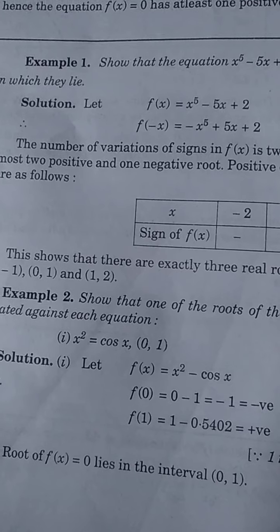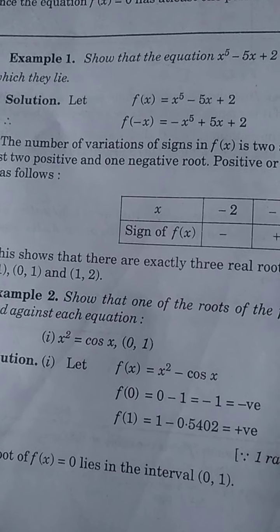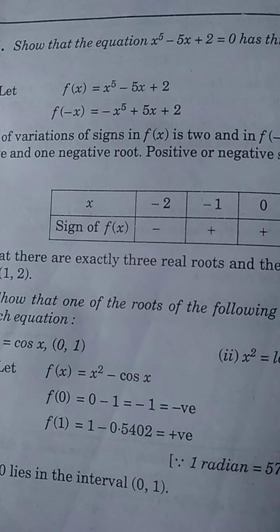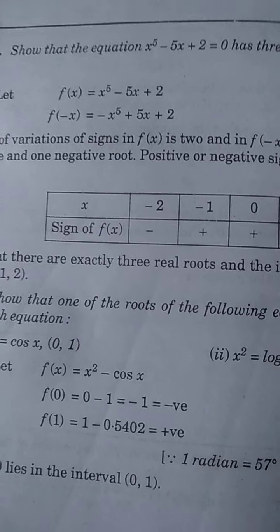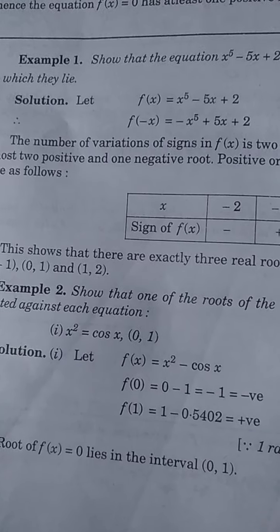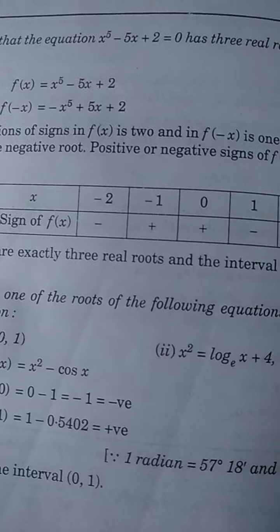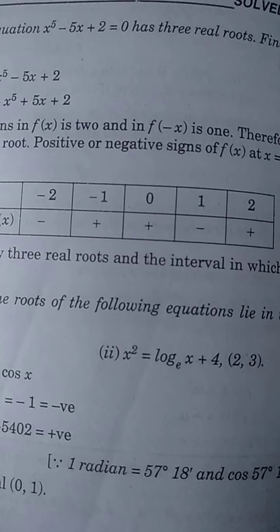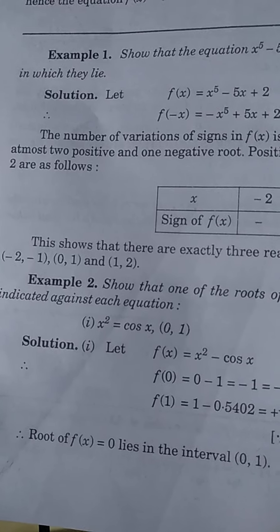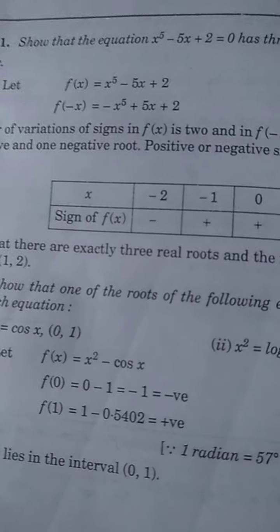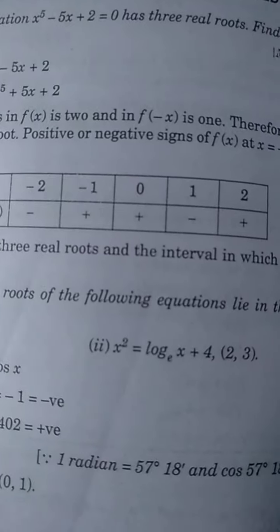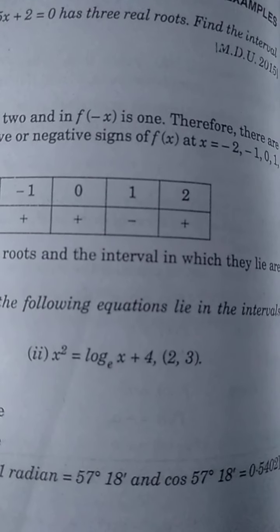When we put -x in place of x, this becomes -x^5 + 5x + 2. The number of variations of signs in f(x) is 2 and in f(-x) is 1. Therefore there are at most 2 positive and 1 negative root.